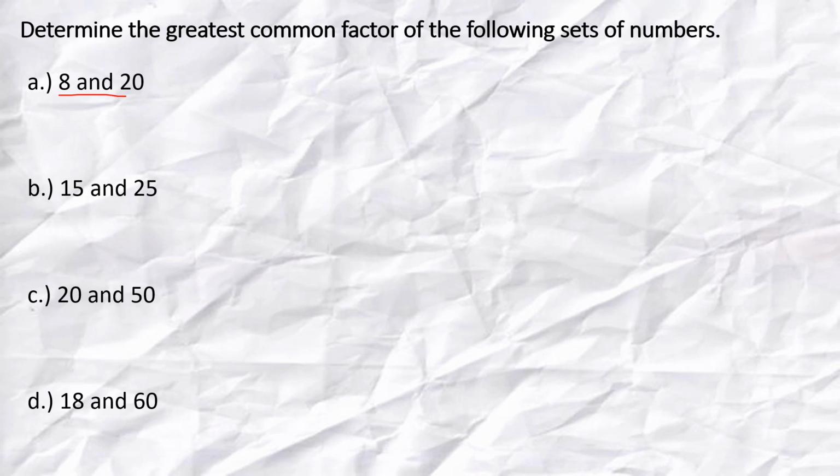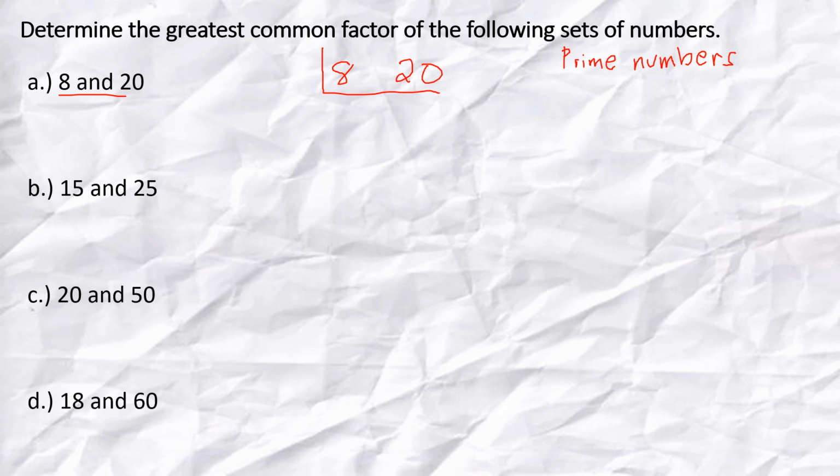Let's say we have 8 and 20. So we will divide these two numbers by using what we call prime numbers in order for us to easily identify the greatest common factor of these given numbers.